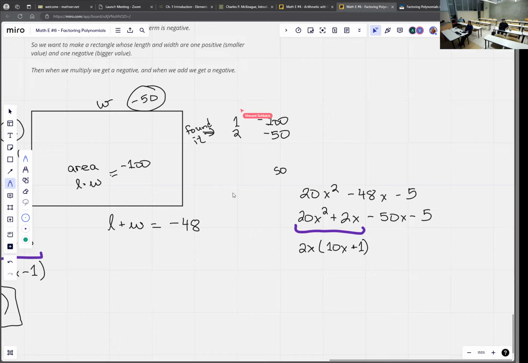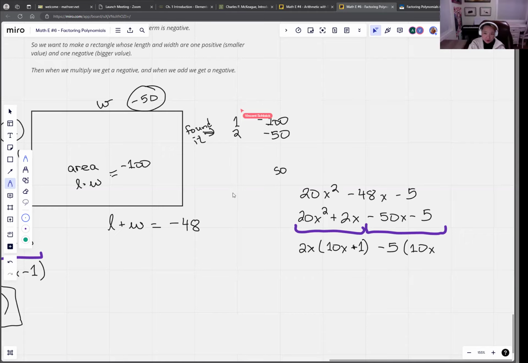And now we have this half, -50x minus 5. And 5 and 10. I'm actually gonna do a -5, because there's a minus in both of them. So then I get a +10x, because minus times negative is positive, and +1.